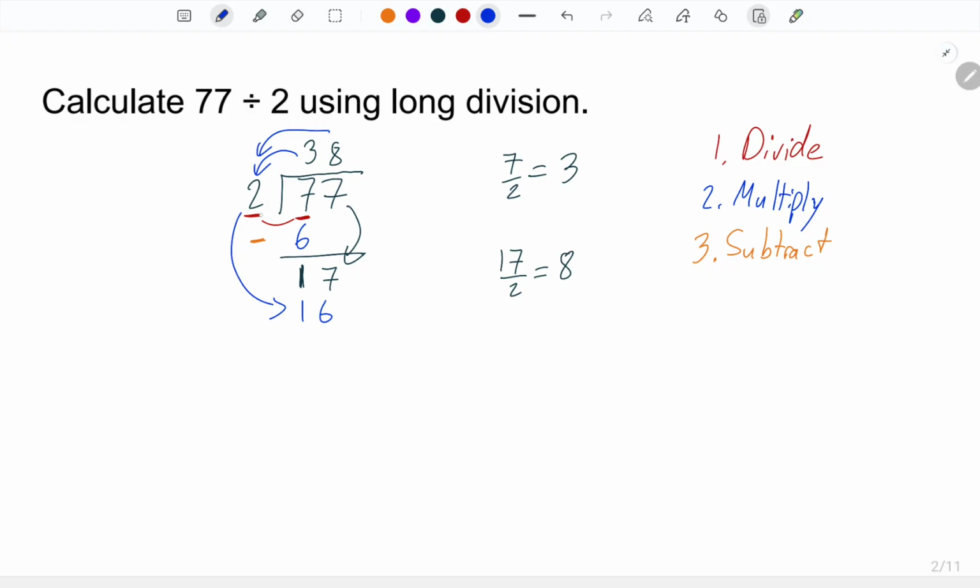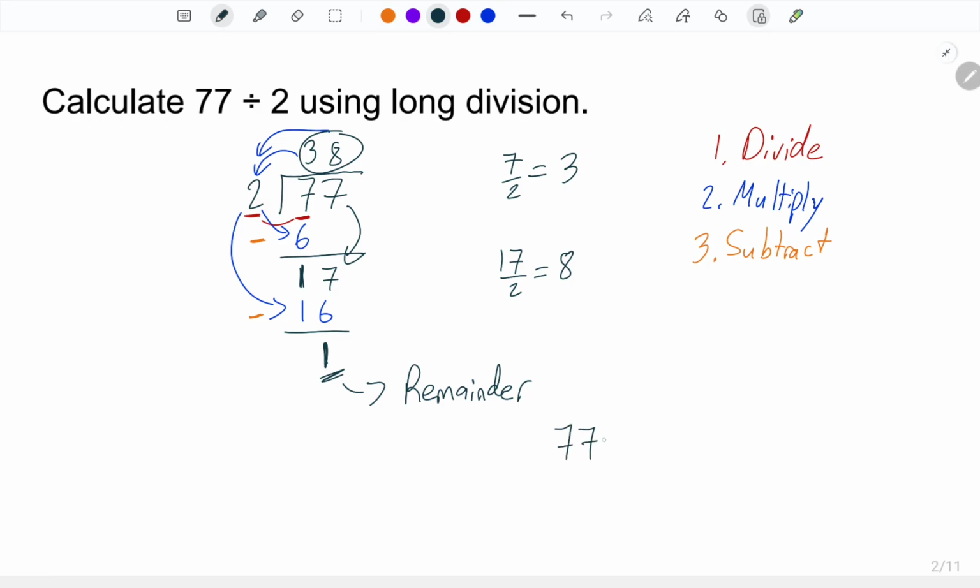And then 17 minus 16, the subtraction step, gives you 1. 2 can no longer divide into 1, so this is the remainder. So 77 divided by 2 is 38 with a remainder of 1. And we can look at this as a multiplication statement.